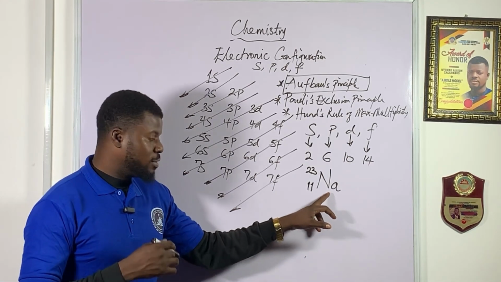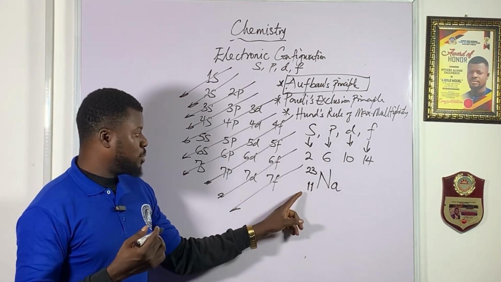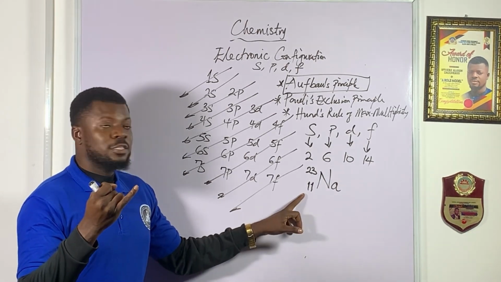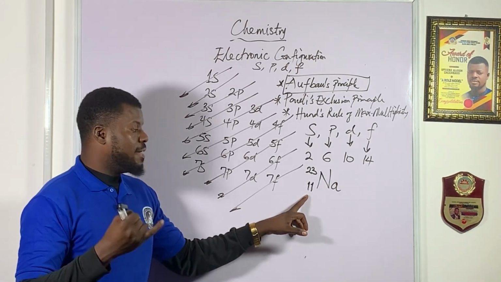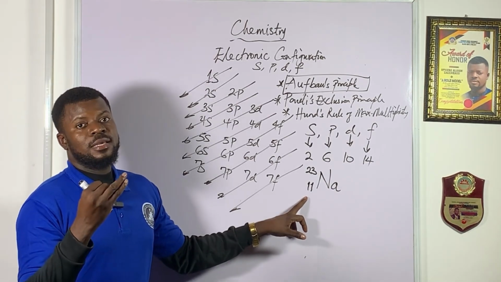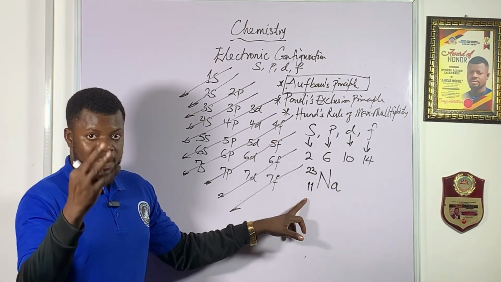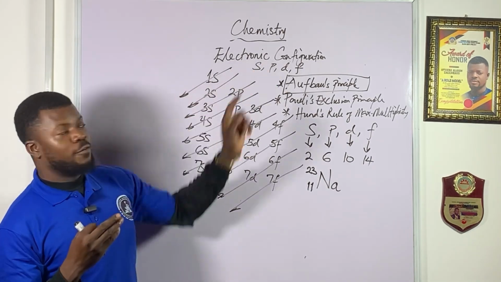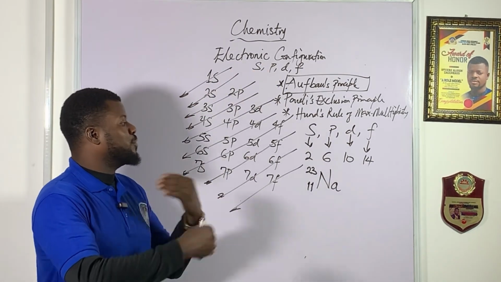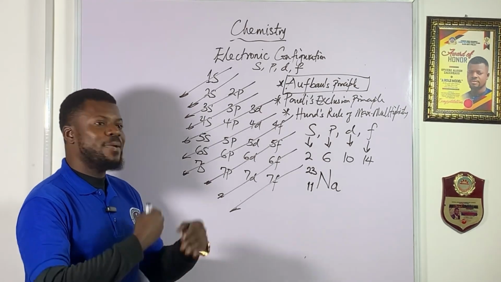For neutral sodium like this, the atomic number is 11. That means that the proton number would also be 11, and that also means that the electron number is going to be 11. Remember, electronic configuration. So we want to look for the electronic configuration of sodium, the electron number of sodium.